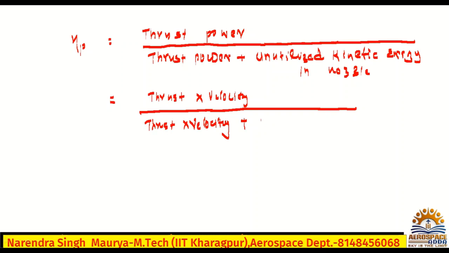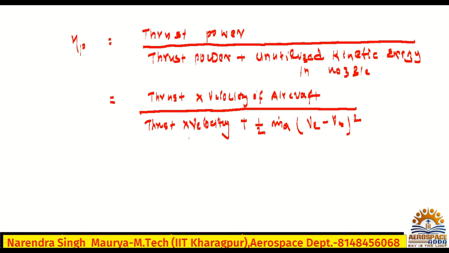The velocity here is the velocity of aircraft. And the unutilized kinetic energy is nothing but half m dot a times (v exit minus v infinity) square. This is the formula.